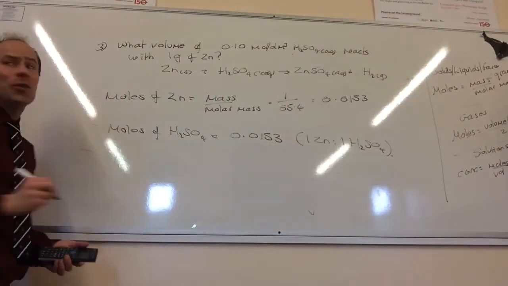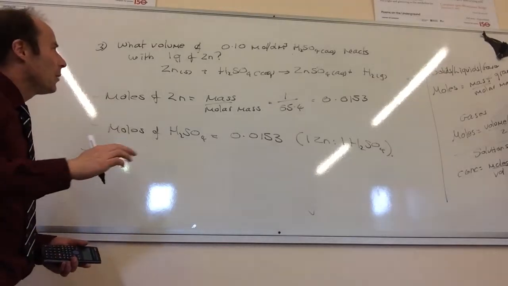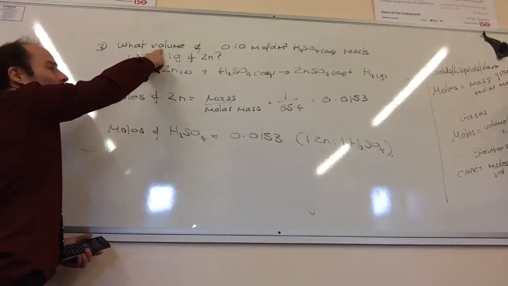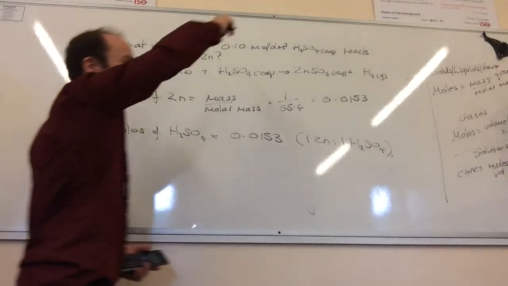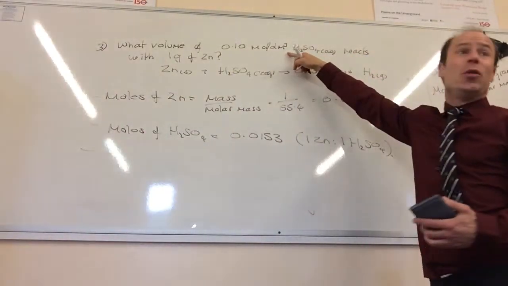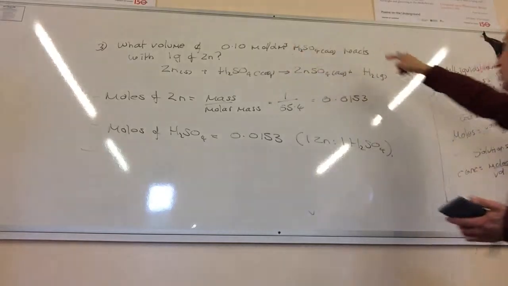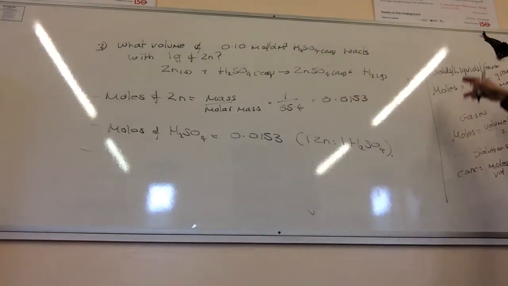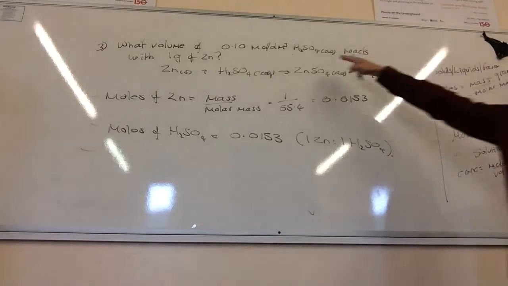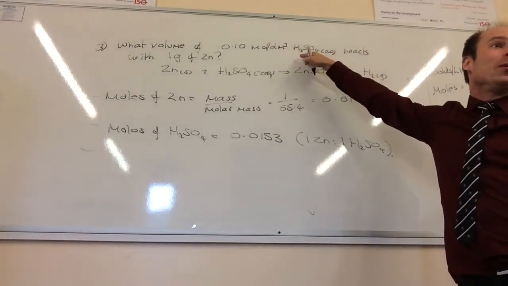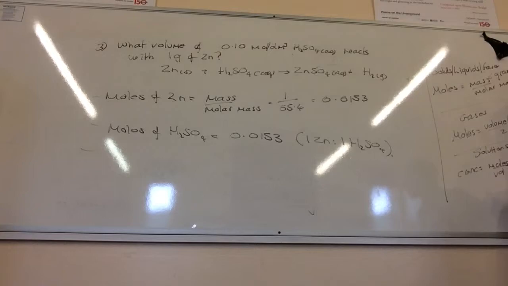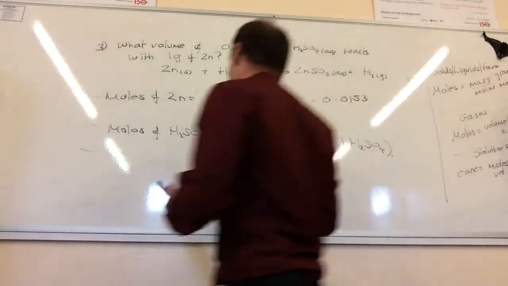Okay, now what's the final thing they want me to do? They want me to find a volume. It's of, what is this? 0.1 mole per decimetre cubed. Which equation am I going to use? What is that? 0.1 moles per decimetre cubed. It's a concentration, so I'm going to use this one.